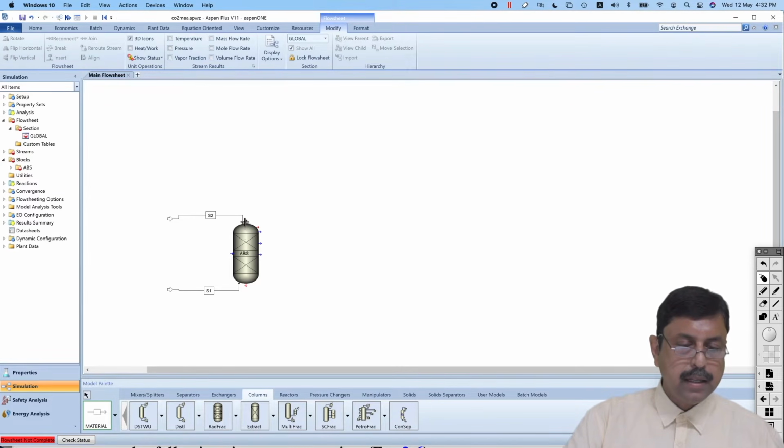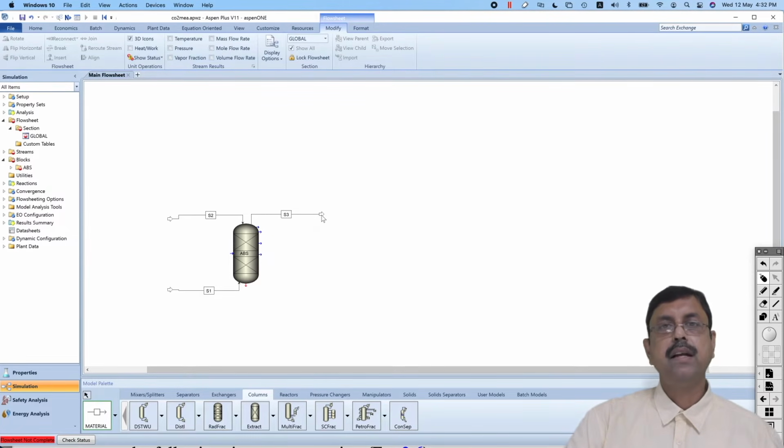And this will be the gas out, which will be clean gas. That means this gas will not contain any significant amount of CO2. And this is the rich amine. That is amine filled with CO2.